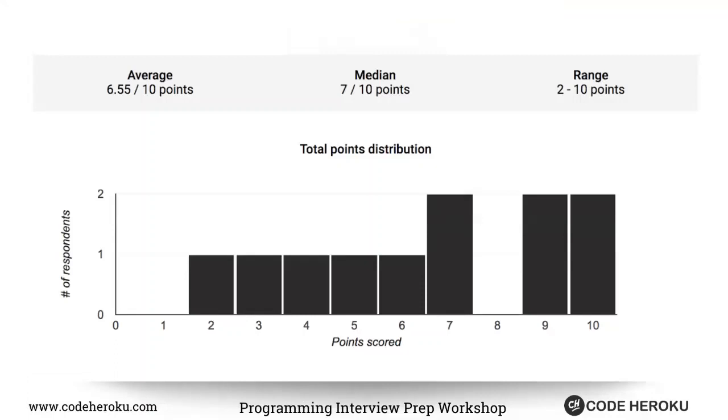The average is around 7 on 10 points, which is not that bad. But there were some people who were not able to get past 2, 3, or 4 points as well. So I hope after practicing a little bit, those of you who haven't been able to do well on this exercise are able to improve your scores going ahead.